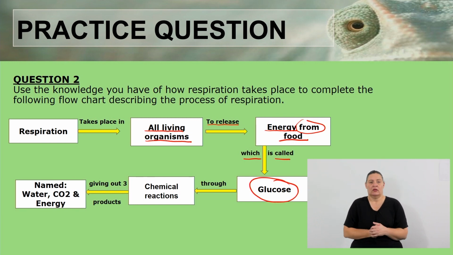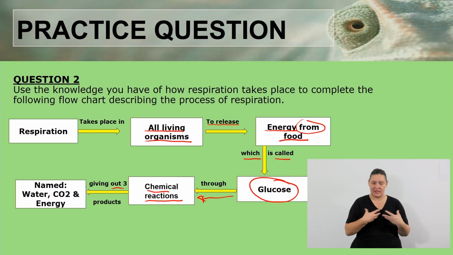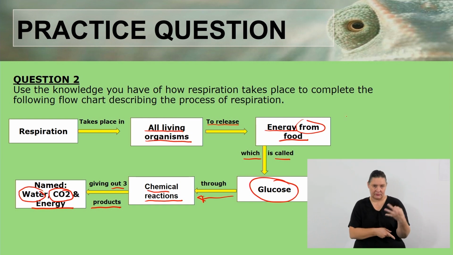It's called glucose through a chemical reaction, which gives out 3 products. So what are the 3 products that are given out during this chemical reaction? Water, carbon dioxide, and energy. So that is a summary of the process of respiration.